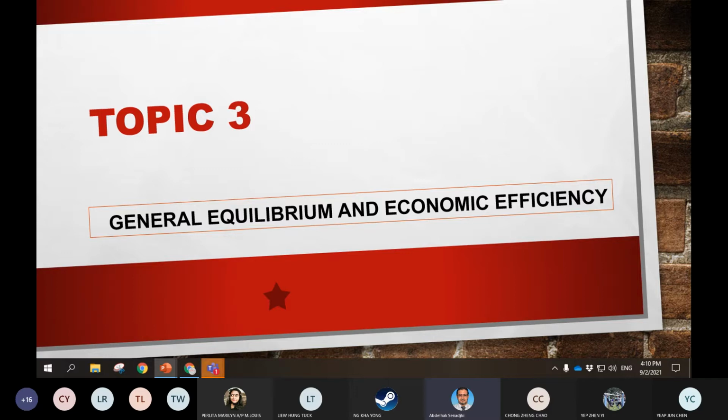So today we are going to discuss topic number 3, which is general equilibrium and economic efficiency. So far, in the previous 3 lecture classes, we have been discussing partial equilibrium analysis.